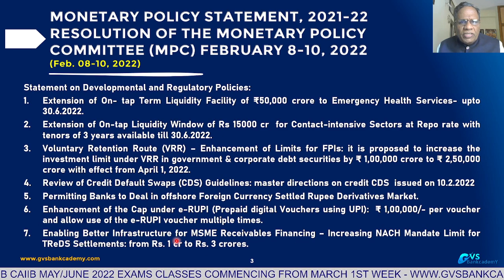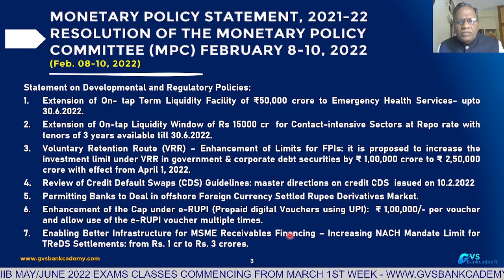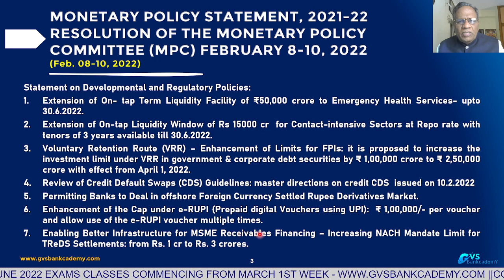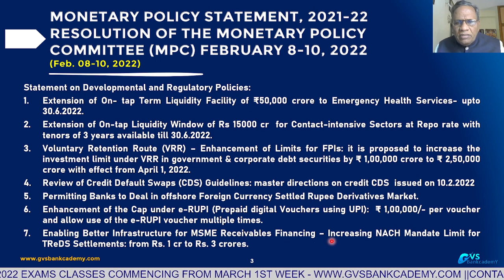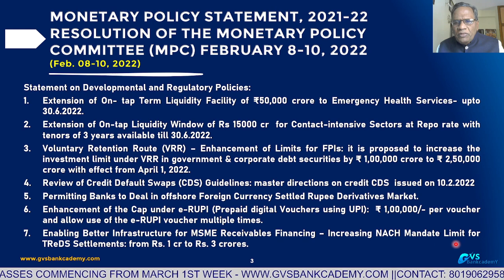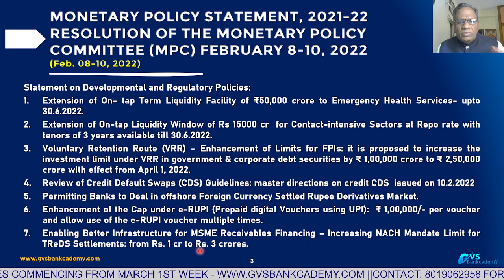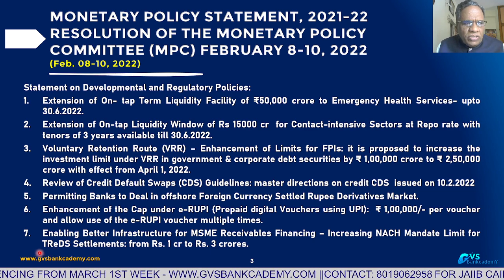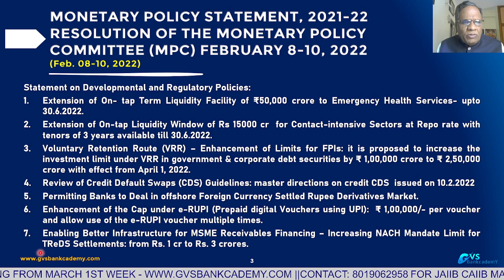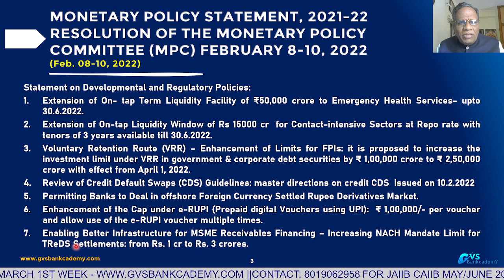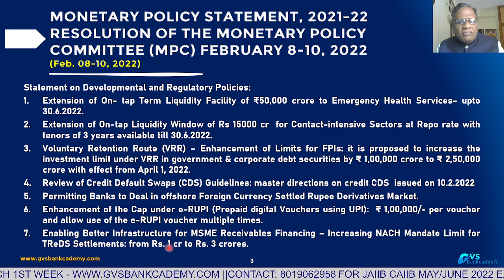Enabling better infrastructure for MSME receivables financing: increasing the NACH, National Automated Clearing House, mandate limit from 1 crore to 3 crores for TREDS settlements. Whatever transactions are executed in TREDS, trade receivables discounting system exchanges, in that settlement system the earlier maximum cap was 1 crore.